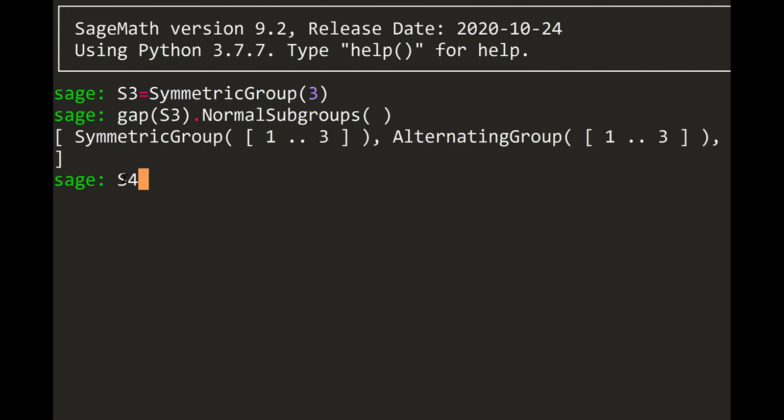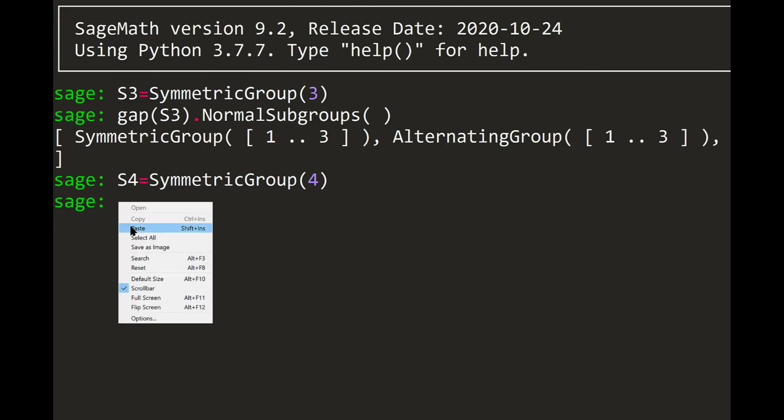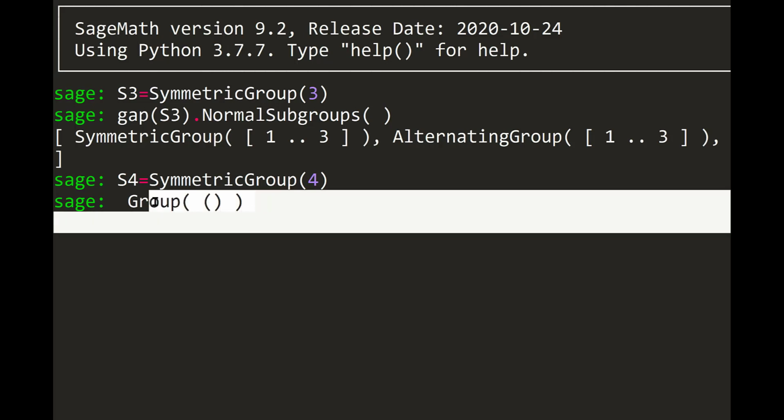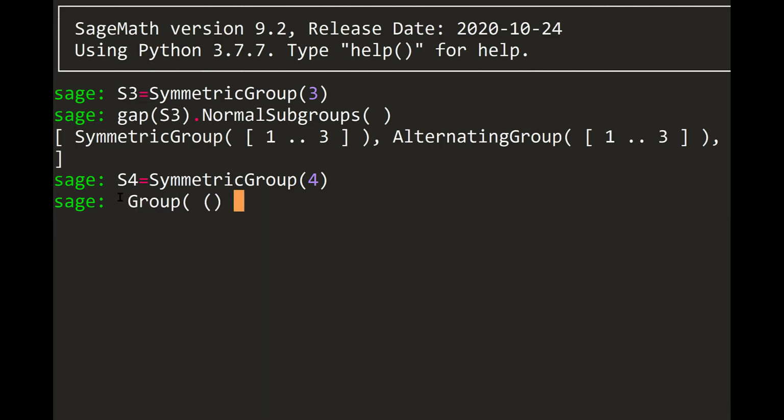Now let's go to S4, okay? And then we will look at, say, symmetric group 4. Let me just type it, and that will be the best. Okay, so I want the normal subgroups.